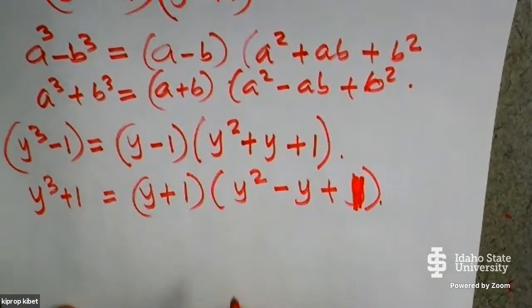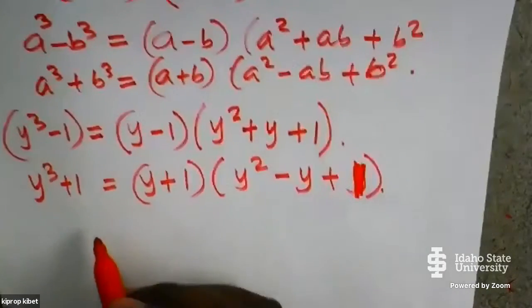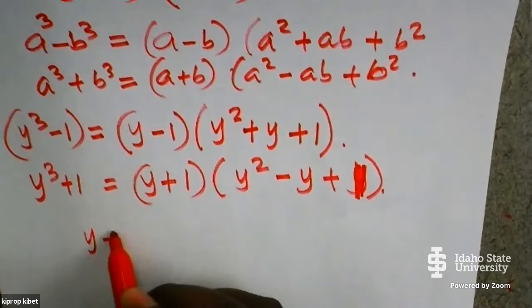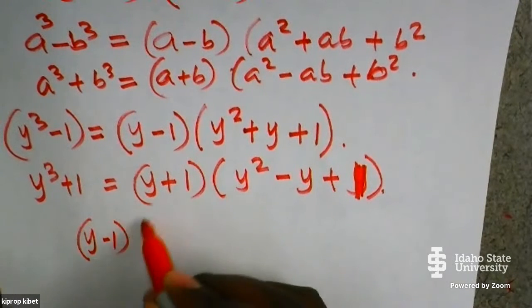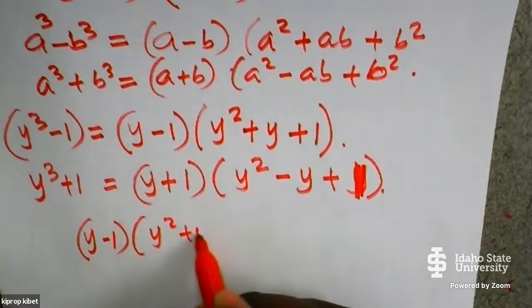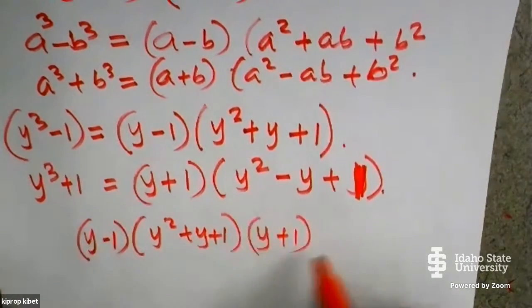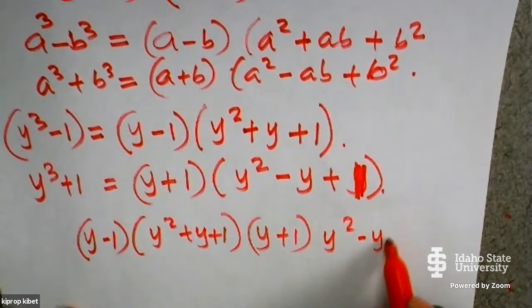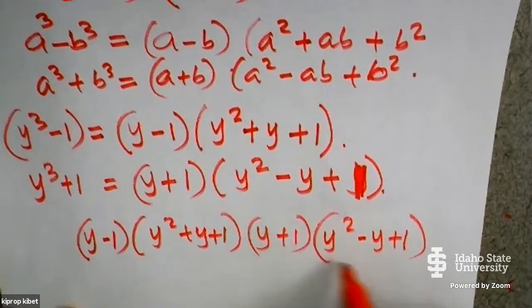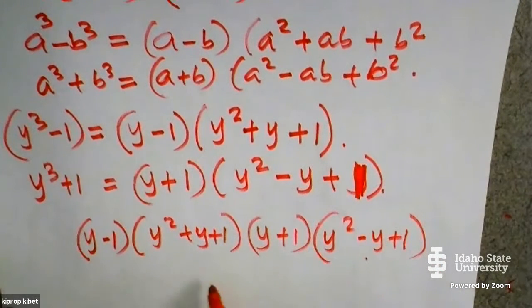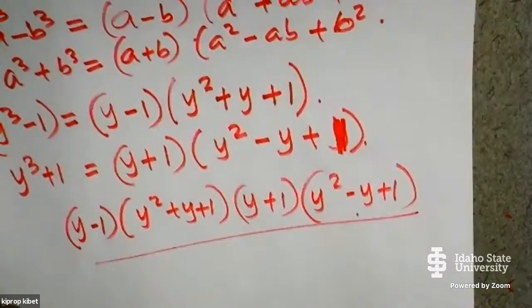Yeah, so finally you combine. It will be (y minus 1)(y squared plus y plus 1)(y plus 1)(y squared minus y plus 1), like that.